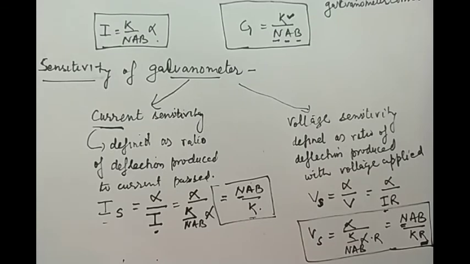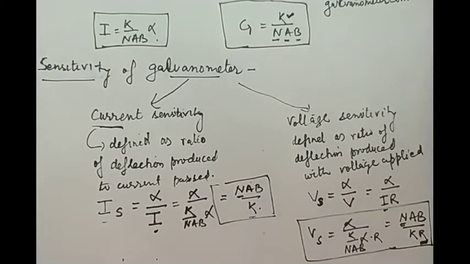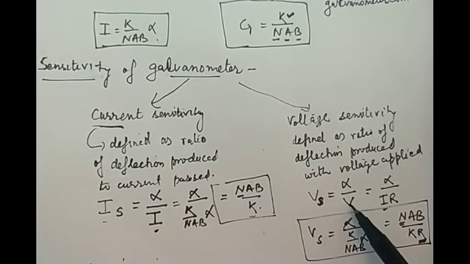Now next is voltage sensitivity. Voltage sensitivity is defined as the ratio of the deflection produced to the voltage applied. So Vs means voltage sensitivity, which is equal to alpha divided by the voltage supplied.